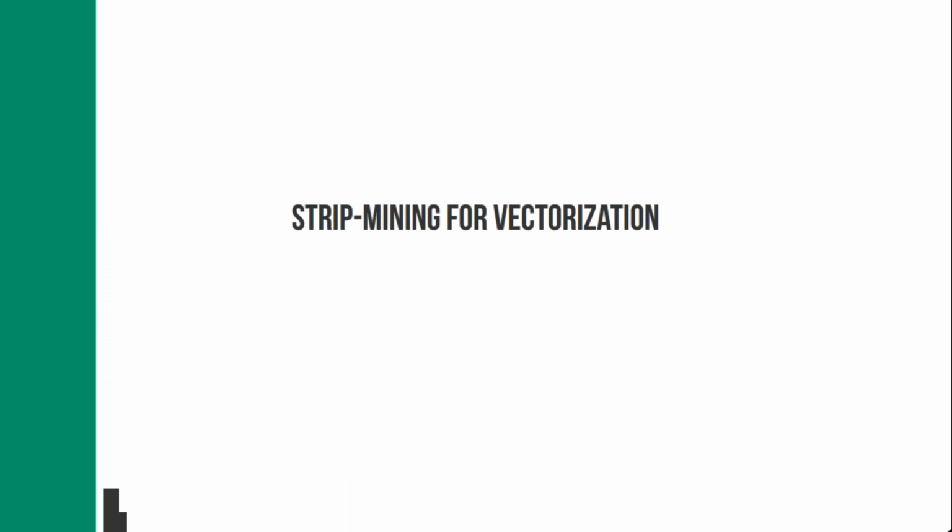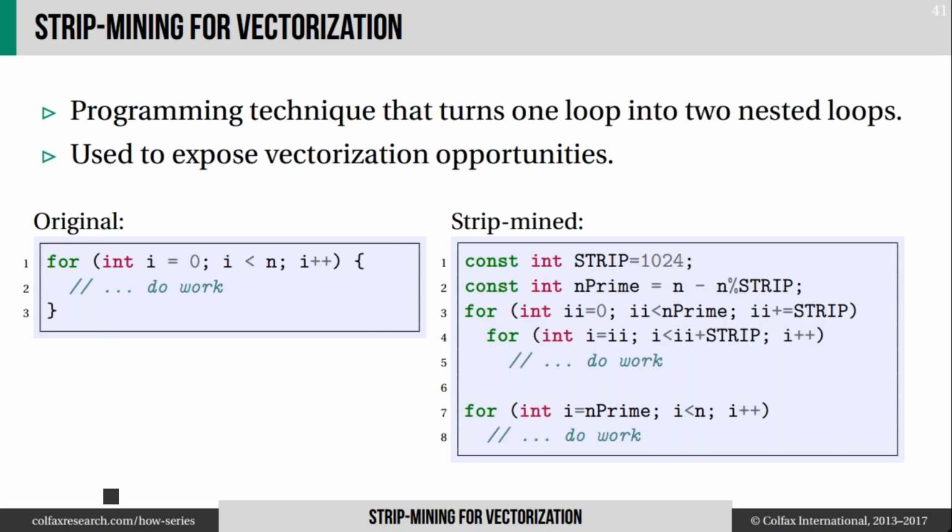So strip mining, we already saw in action, and this is a programming technique that turns one loop into two nested loops. Usually, strip mining is used to expose vectorization opportunities. So you will use strip mining in cases when the compiler is unable to automatically vectorize loops.